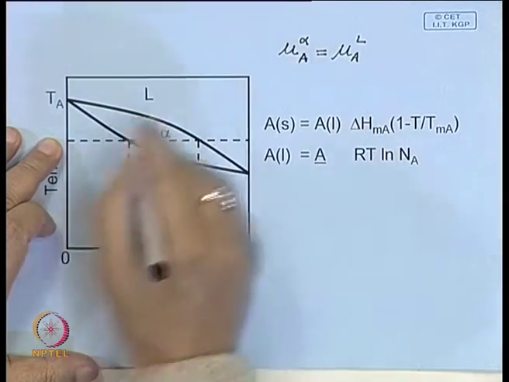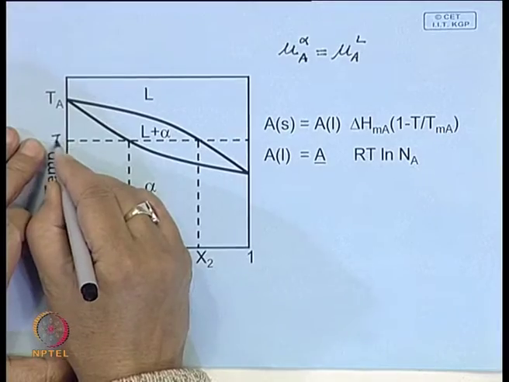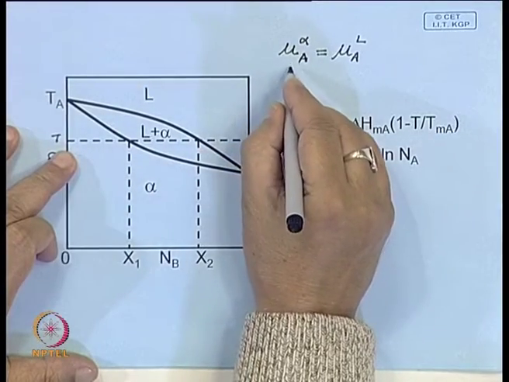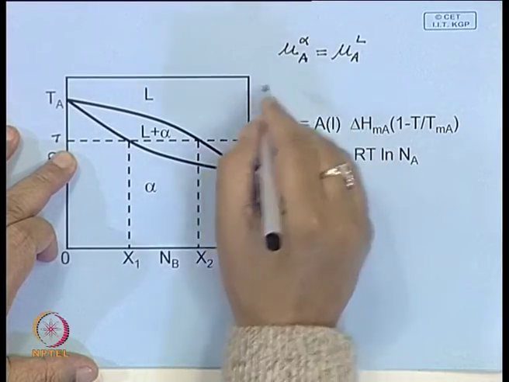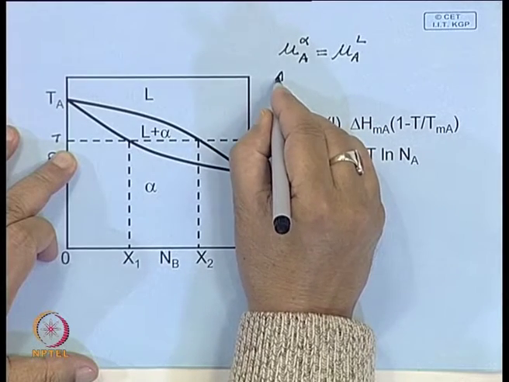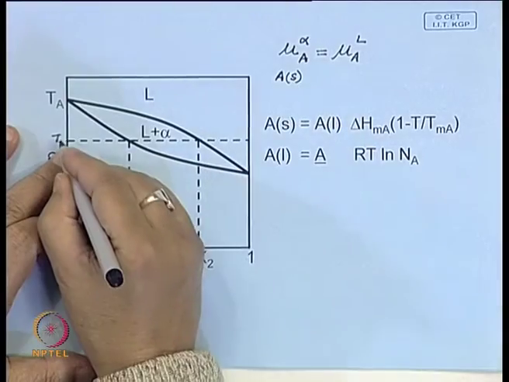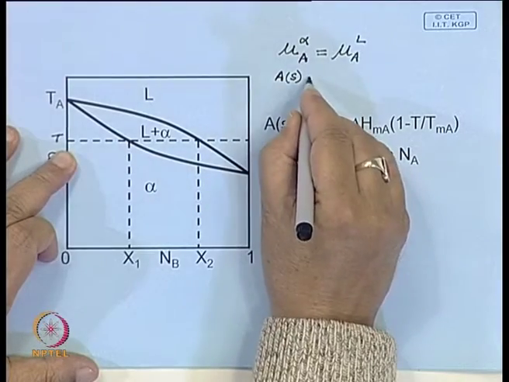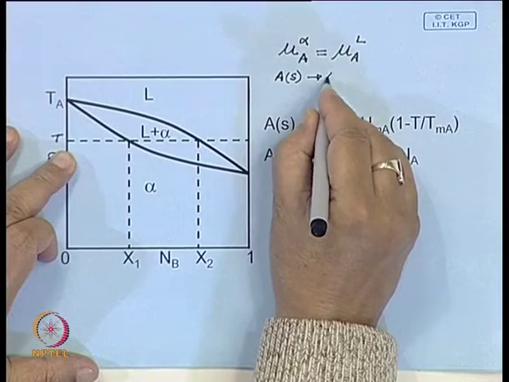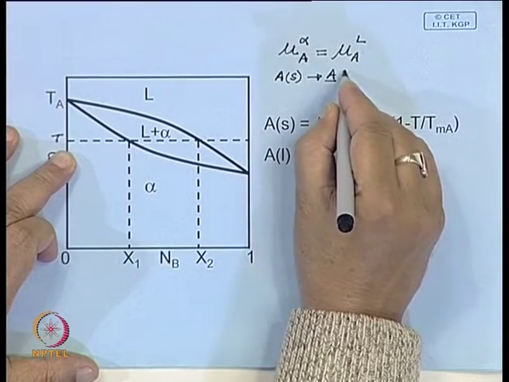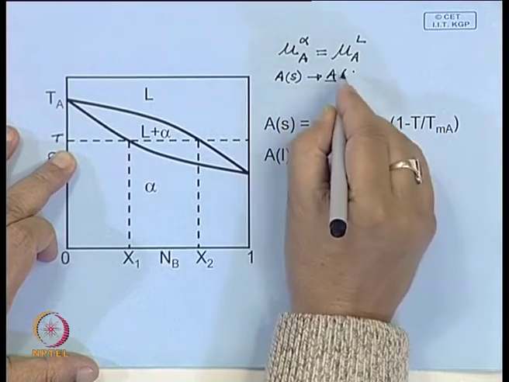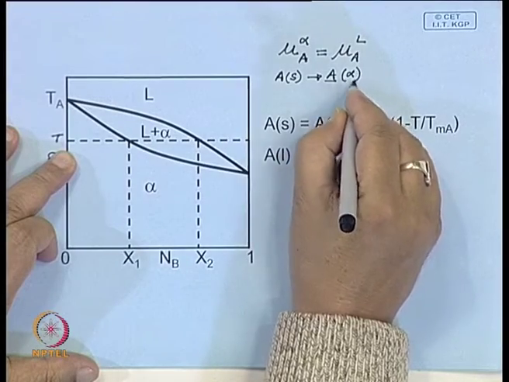alpha being formed at this temperature T. You know that pure A, which is solid at temperature T, goes into solution, and we call this solution alpha, which is also solid.